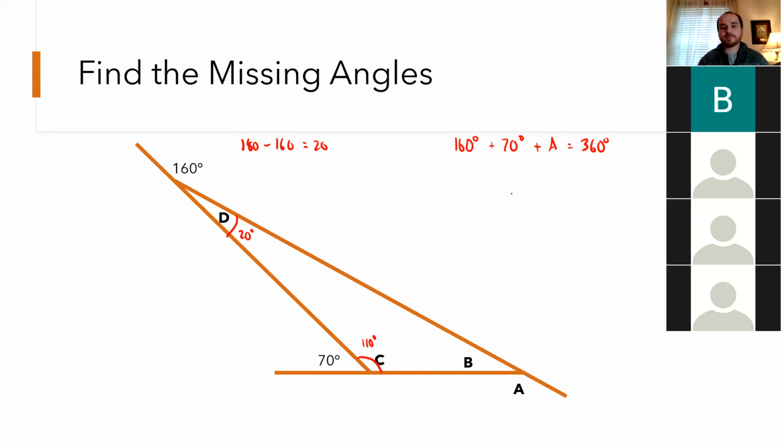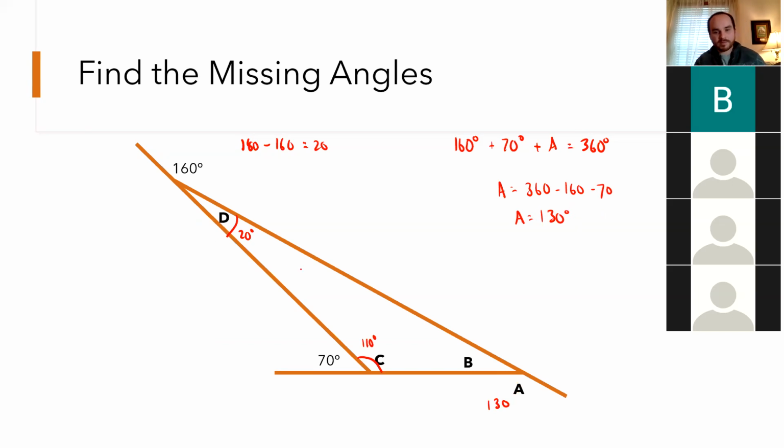So we can just subtract. So A equals 360 minus 160 minus 70. 360 minus 160 is 200. 200 minus 70 is 130 degrees. So A is 130.